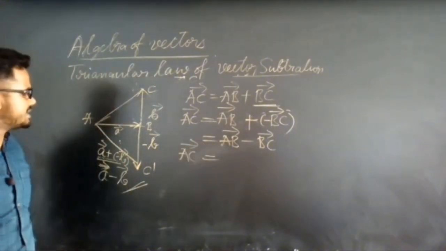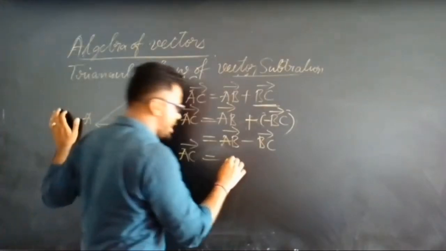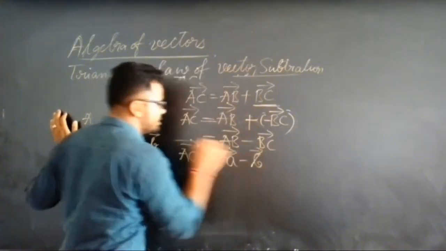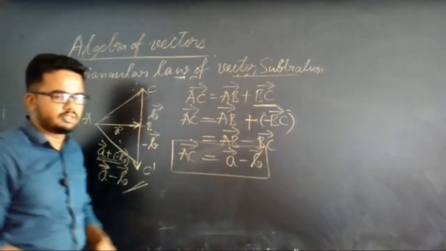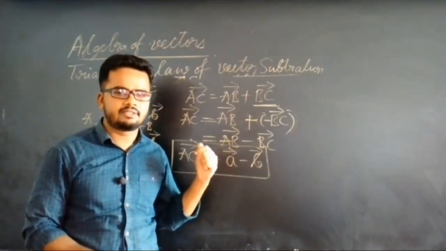Therefore, AC will be vector A minus vector B. See, this is the vector law of subtraction. Is this clear to you? Vector law of subtraction will be done like this.